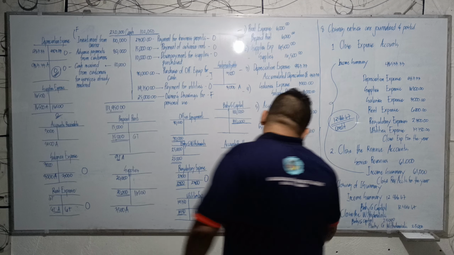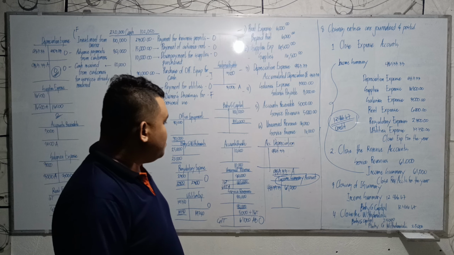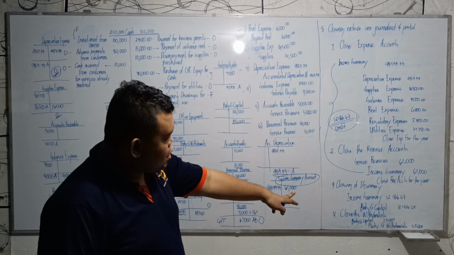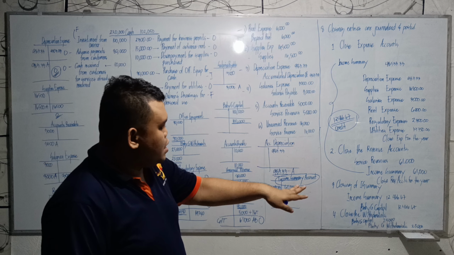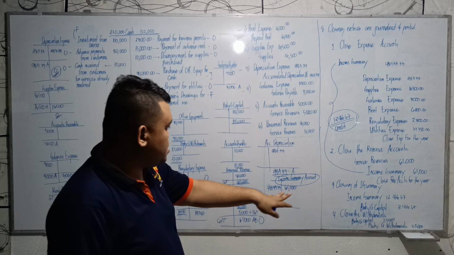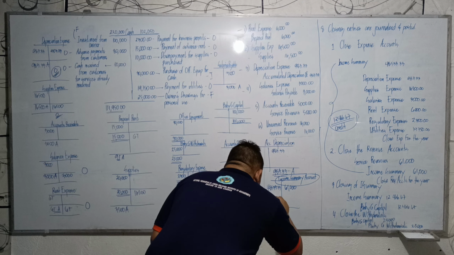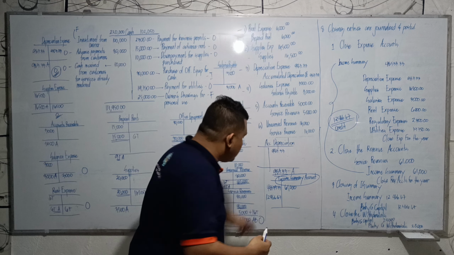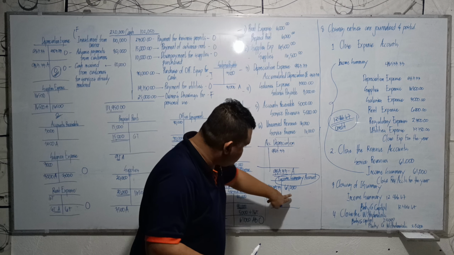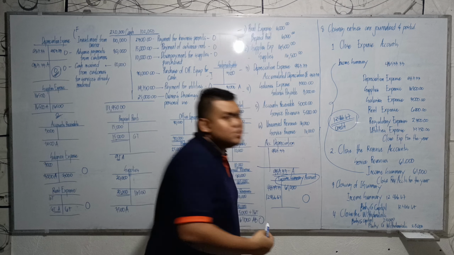Now let's talk about closing entry number 3, which is we have to close the income summary. So according to here, we have to debit income summary by 12,466.67. So let's debit 12,466.67. So if that's the case, this will become 61 and this is 61. So that means the income summary account is zero also.